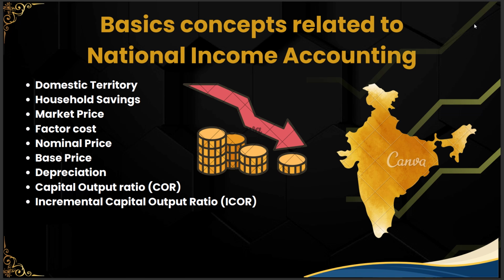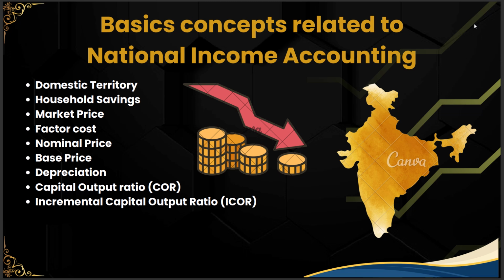So what is the incremental capital output ratio, ICOR? It's again nothing but the additional unit of capital needed to produce 1 additional unit of output. It's very simple. In the capital output ratio, we saw how much it costs to produce 1 kg of tomato.